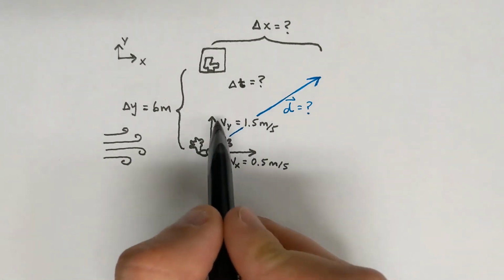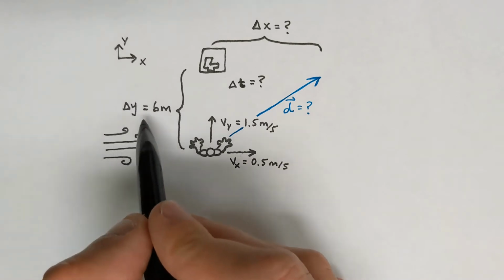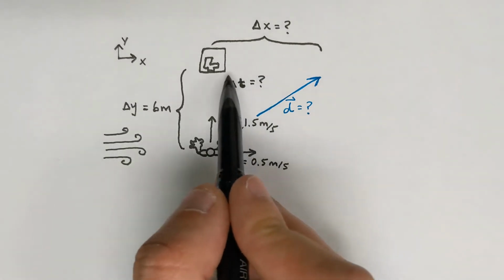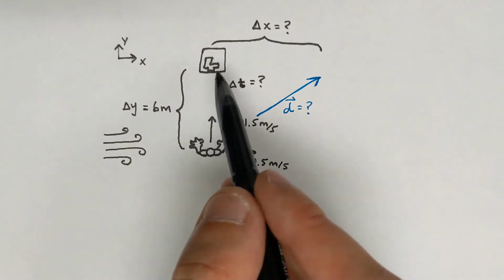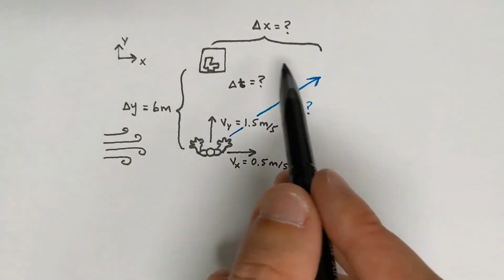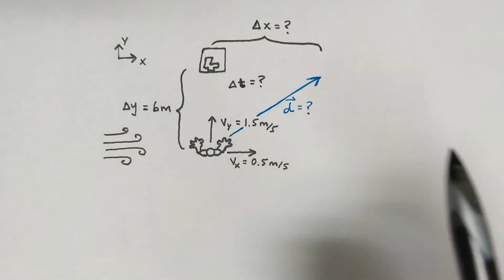I have a y velocity, I have a displacement in the y direction, and I want to know the time for her to move from the starting point to the y position of the toilet.